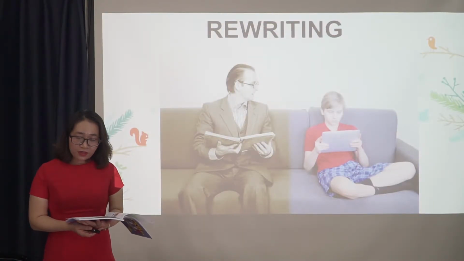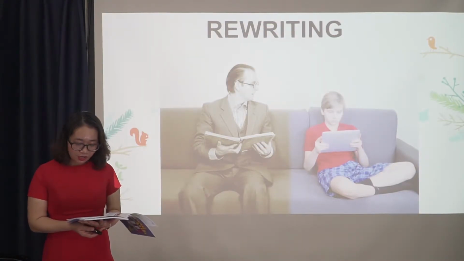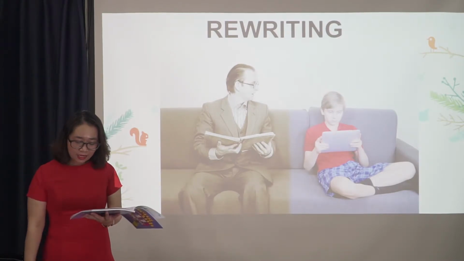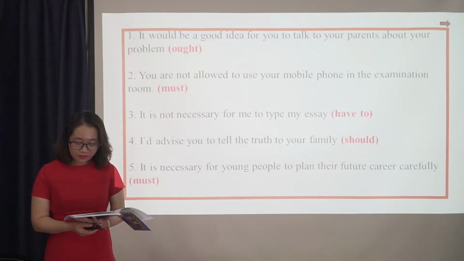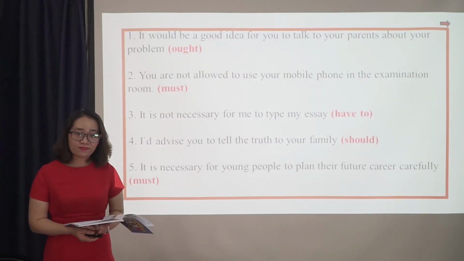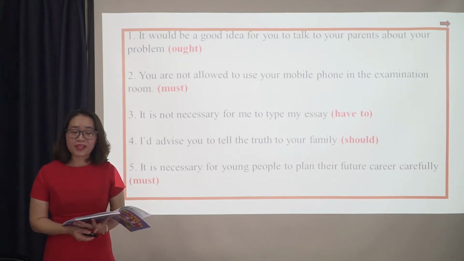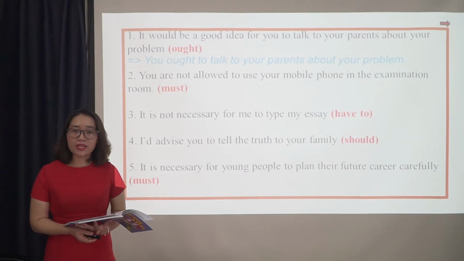And let's move to the final task. Activity 2. Rewrite each sentence without changing its meaning, using the words in brackets. And the first one has been done for you. It would be a good idea for you to talk to your parents about your problem. So you ought to talk to your parents about your problem. Use IseeBooks to do the exercise.